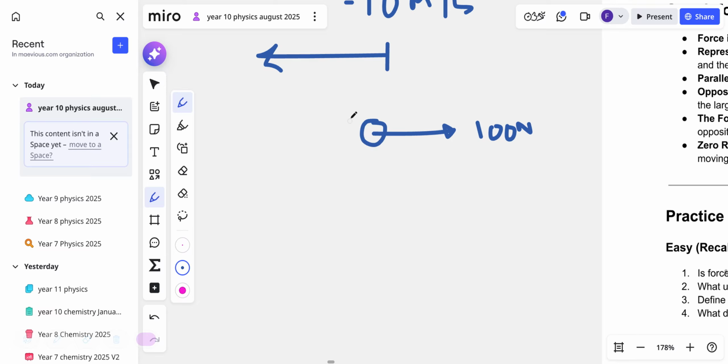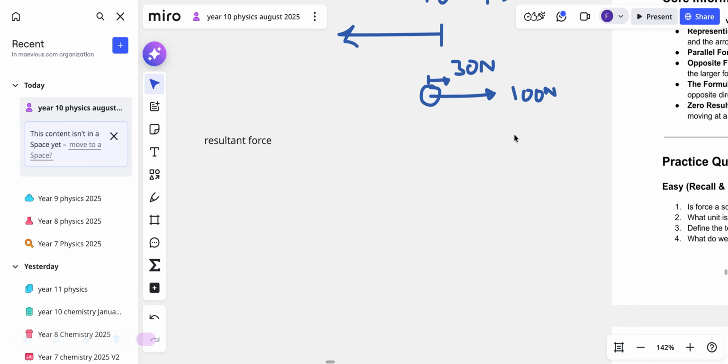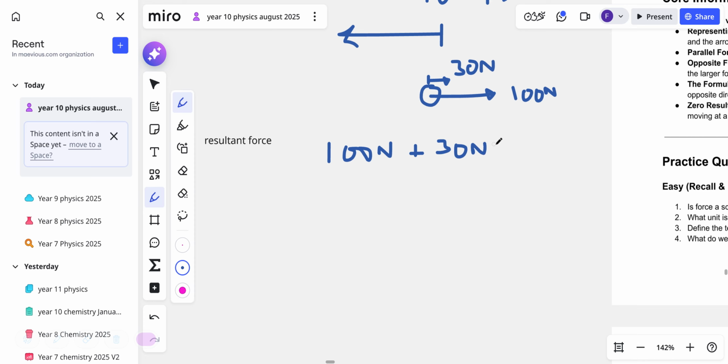And he was pulling forward at 30 newtons. Now, the resultant force, the result of us pulling, is quite easy to work out if you think about it. If I'm pulling with 100 newtons and he's pulling with 30 newtons, that gives us a total force of 130 newtons to the right.